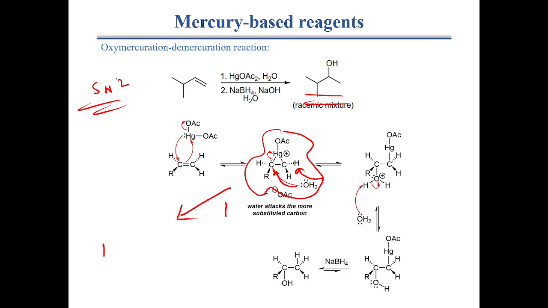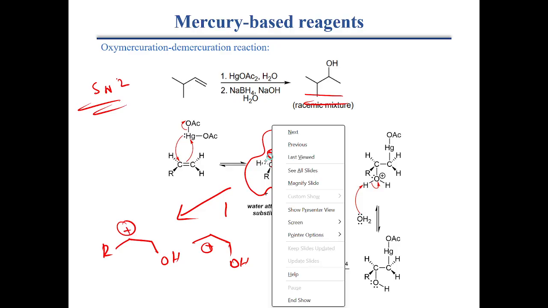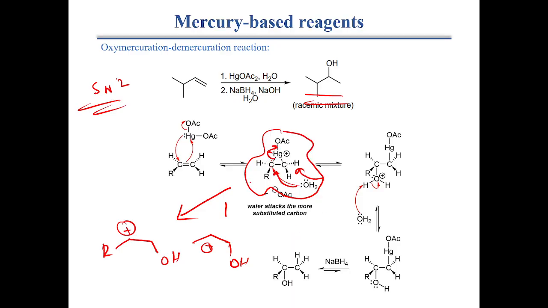So there are two possibilities. One is that water attacks here and the carbocation forms here. Another is that the carbocation forms here and water attacks here. So this is the SN2 attack, and the carbocation stability also matters. If this bond broke, this will be a tertiary carbocation, which is more stable.